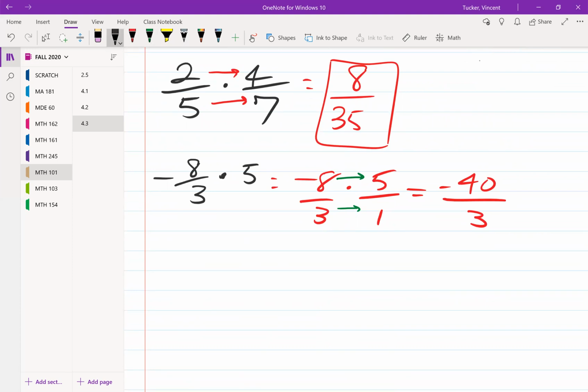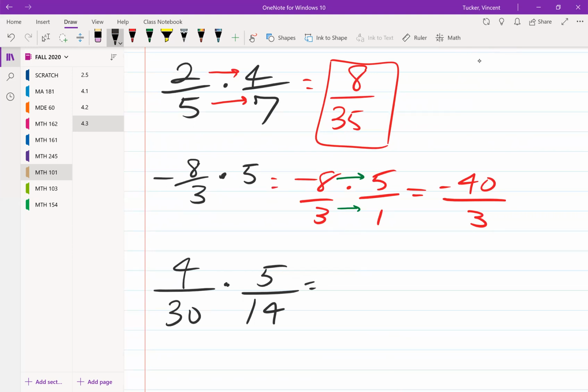Always check to make sure your answer is in lowest terms. You are expected to do that even if it doesn't say. So from this point forward, once you learn about lowest terms, they are expecting you to write your answer in lowest terms. So here we have 4 over 30 times 5 over 14.